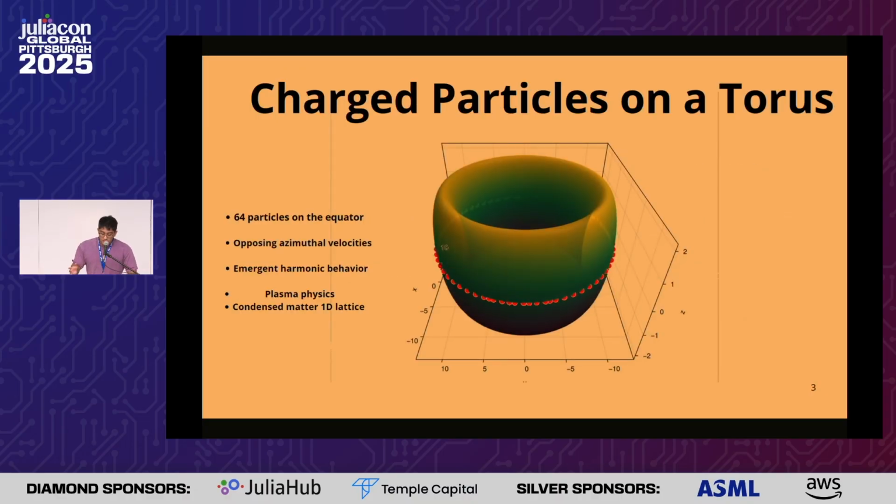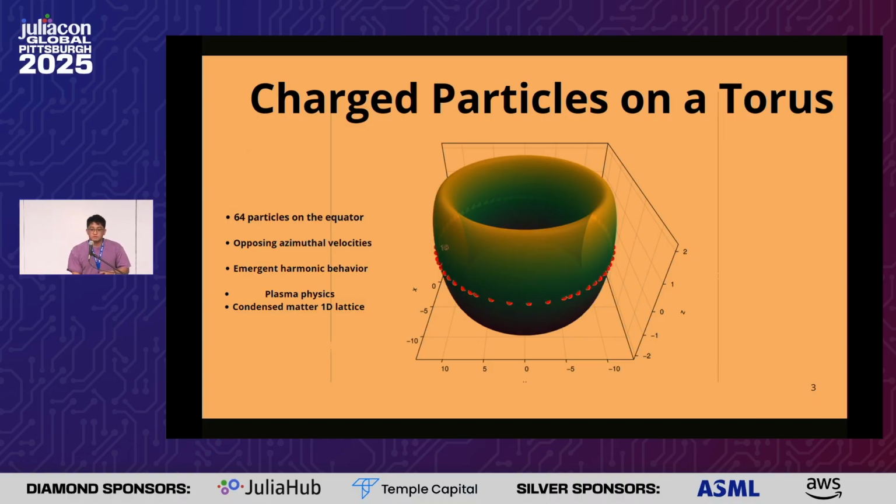The first one, we have a charged particle on a torus. This animation runs in under 2 seconds over 1,000,000 steps. 64 particles around the crater of the torus, with initial velocity, you can assign the position vectors, the velocity vectors, and the charge vectors as you wish.